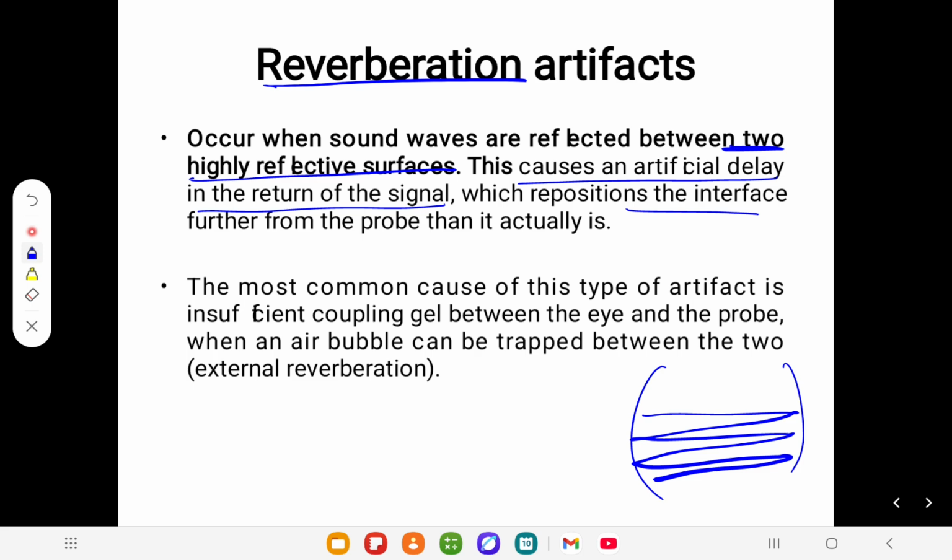Coupling agent helps to transmit the sound from the probe to the ocular structure. If you don't have sufficient coupling agent, then reverberation artifact is common.